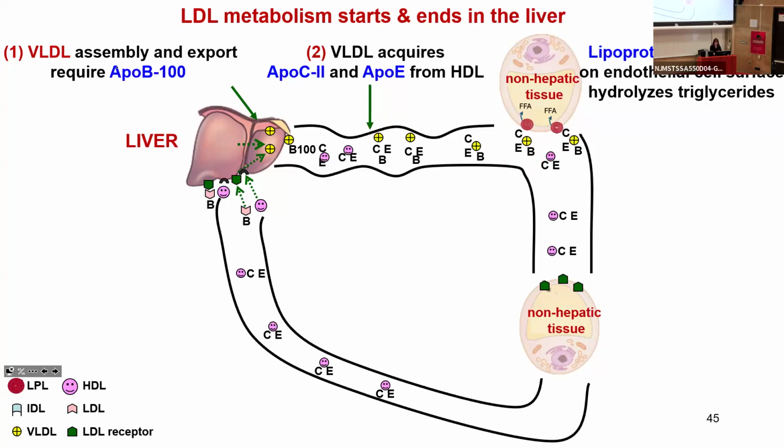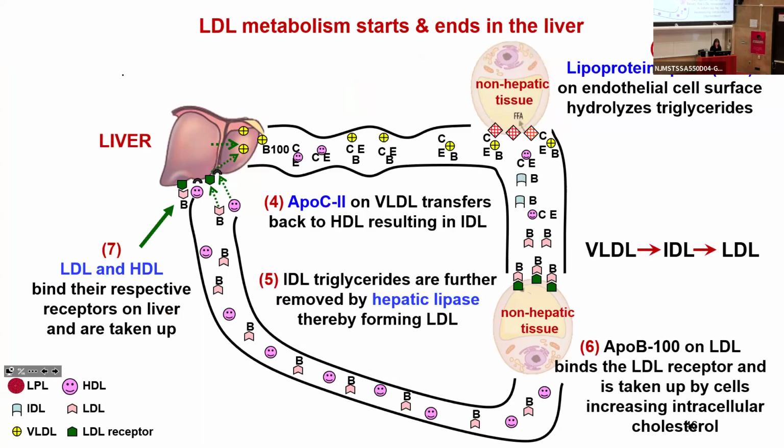Same thing with the chylomicrons, for the very same purpose, so that whatever triglycerides are present in VLDL will get delivered to non-hepatic, non-liver tissue. Yeah? Deliver triglycerides there. And now ApoC2 on the VLDL gets transferred back to HDL. And just know, ultimately, VLDL gives rise to LDL.